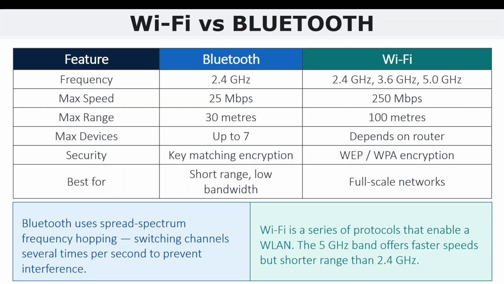Bluetooth, on the other hand, has what is referred to as spread spectrum frequency hopping, which basically means that Bluetooth does not stay on one frequency channel whilst transmitting data. Instead of staying on just one channel, it switches or hops between many frequencies several times per second using a technique called frequency hopping, as we've mentioned.